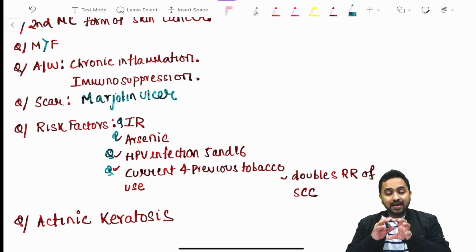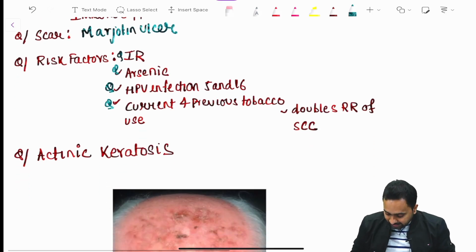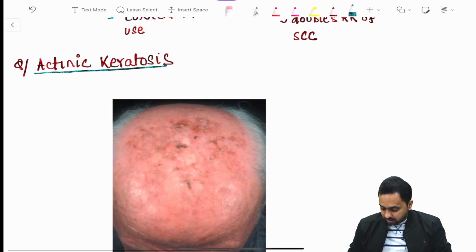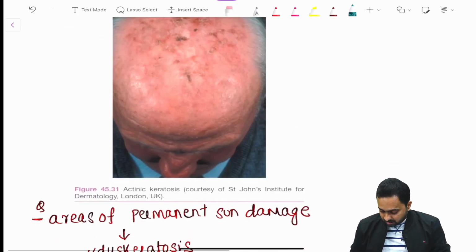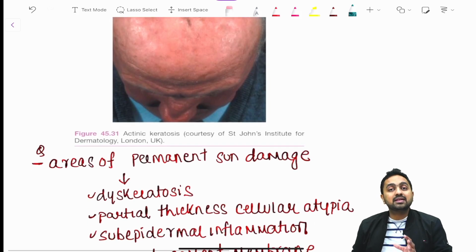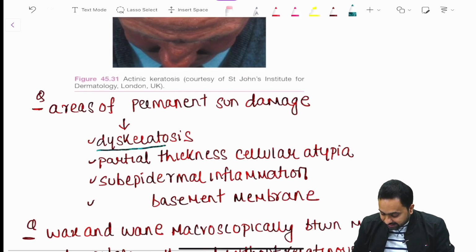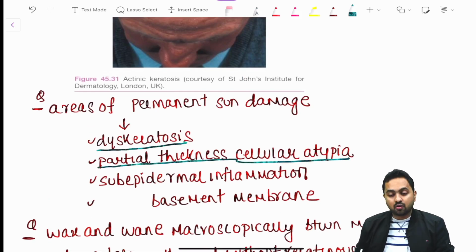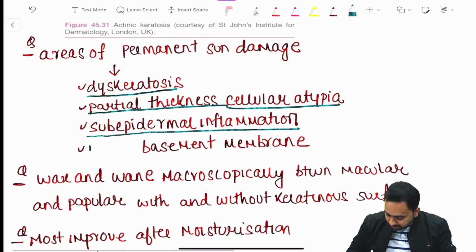Then there are a few entities which need to be discussed along with squamous cell carcinoma, like actinic keratosis. Now this is the image of your actinic keratosis. These are areas of permanent sun damage at which dyskeratosis occurs, partial thickness cellular atypia occurs, and subepidermal inflammation occurs, and the basement membrane is intact.